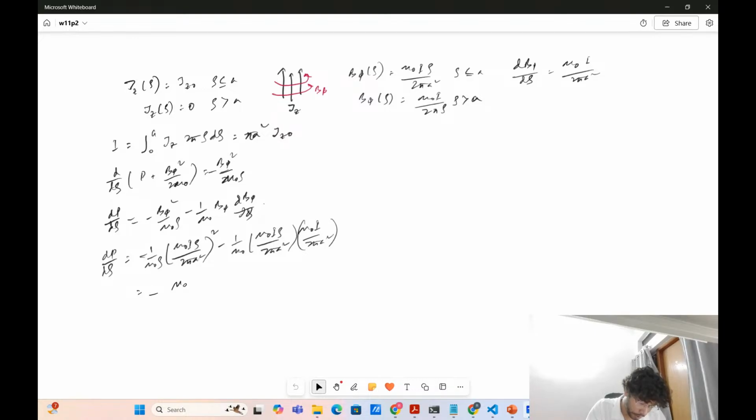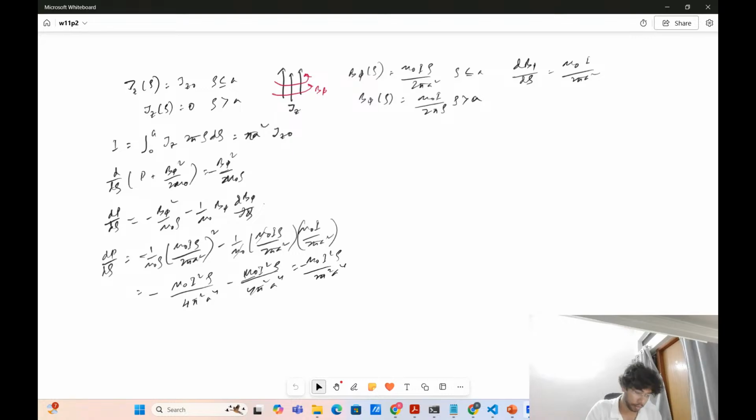So mu naught I square rho by 4 pi square a to the power of 4 minus, okay, here 1 mu naught cancels. So here again you have mu naught I square rho by 4 pi square a to the 4, right? So this will be minus mu naught I square rho divided by 2 pi square a to the 4.